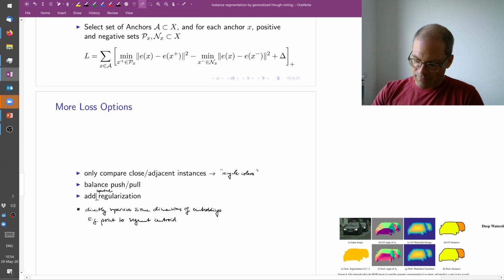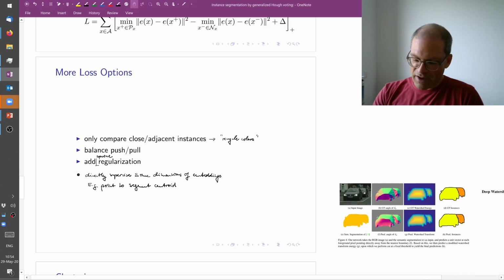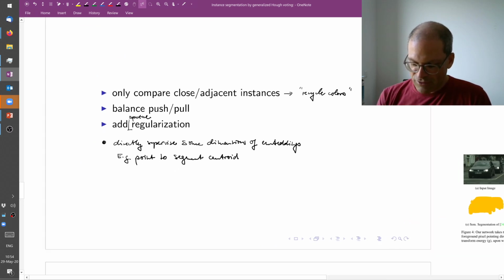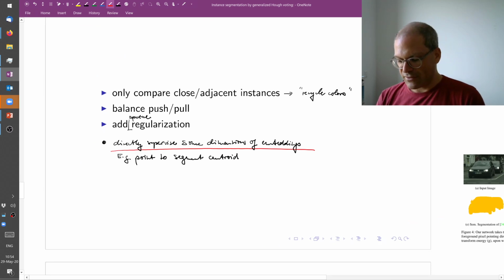All right, what are variations on this theme? Something that's really interesting is to directly supervise some dimensions of the embeddings.